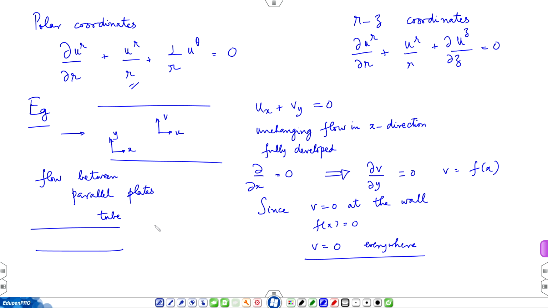So, here u z is independent of z, and u r is equal to 0. So, for a tube it is r z coordinates. A simple integration of the mass balance equation to show that transverse velocity is 0 and all the flow is taking place in one direction.